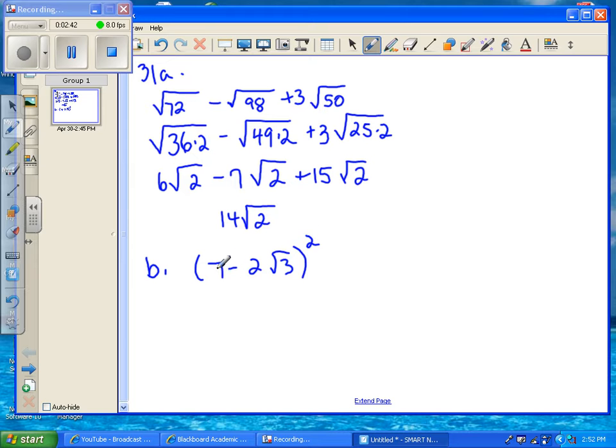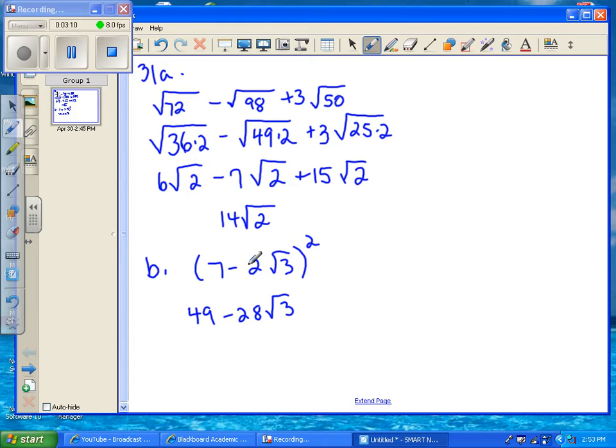That rule is square the first term, that's 49, multiply the first times the second term. 7 times 2 root 3 is 14 root 3, multiply that times 2 and you get minus 28 times the square root of 3. Again, that was first times last. 7 times 2 root 3 is 14 root 3 times 2 is 28 root 3.